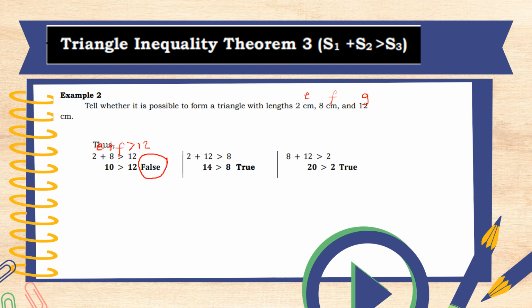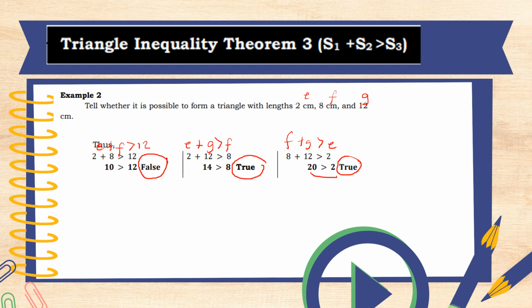E plus G is greater than F. So 2 plus 12 is 14, greater than 8. Lastly, we have F plus G is greater than E. 8 plus 12 is 20, greater than 2.